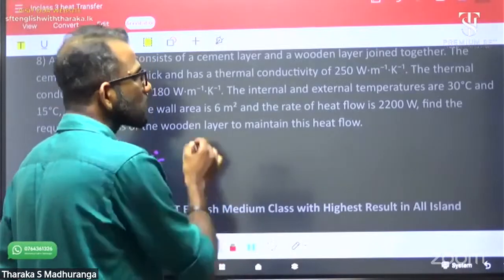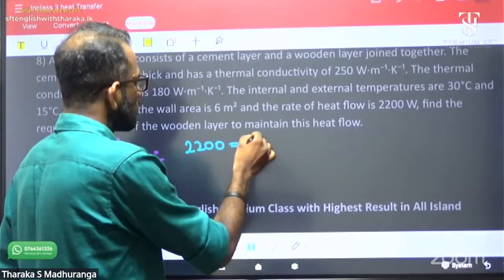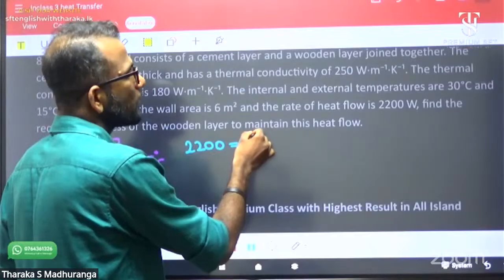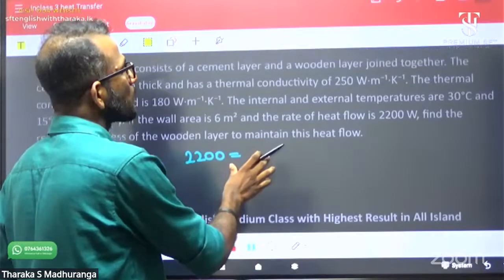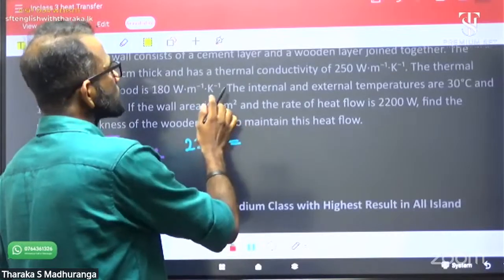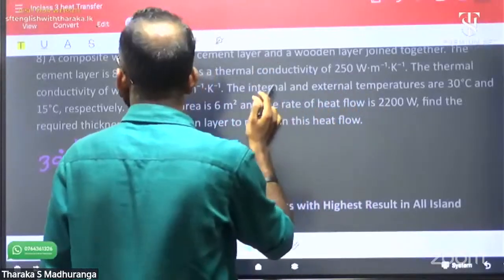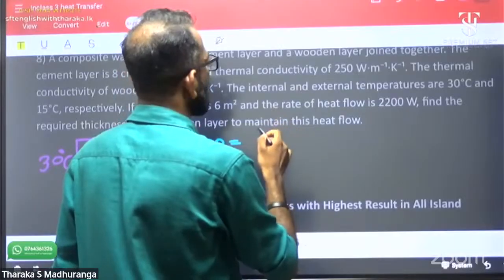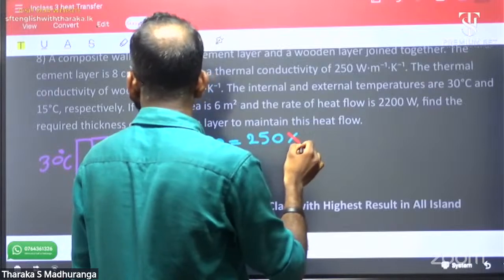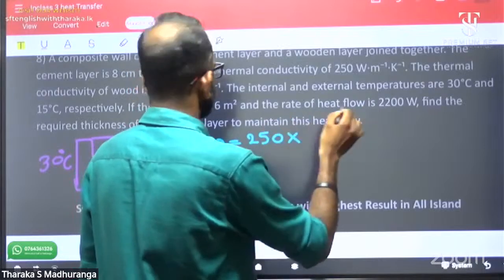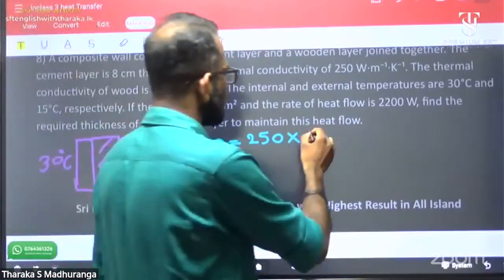equals 2200, equals K value. Cement K value 250. Cross section area 6, no? 6 square meter.